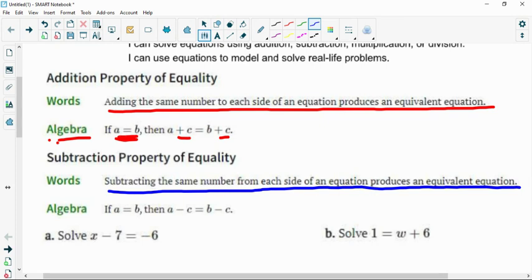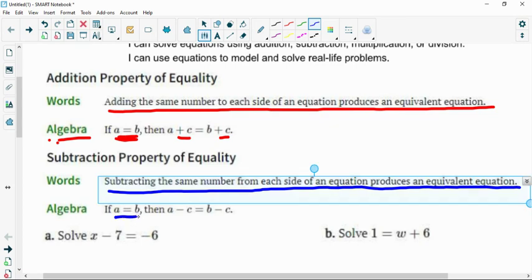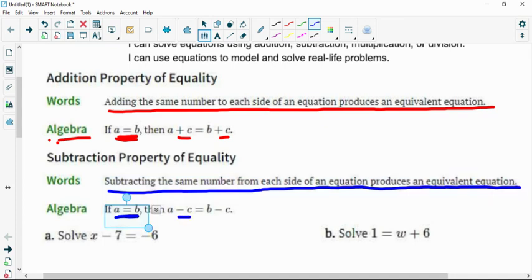Now it does show it in symbols. Again, if we have this equation where A is equal to B, if you just subtract the same number on each side, it does not change the meaning of the equation. The left and the right still remain the same.